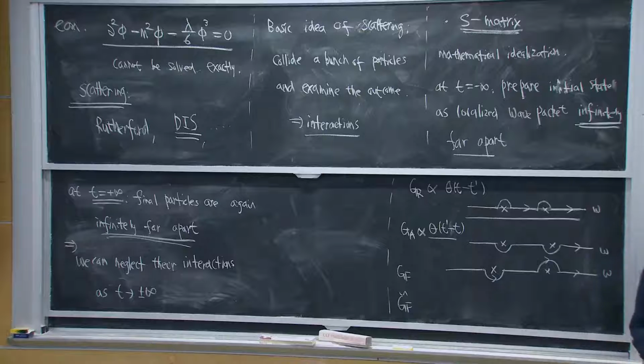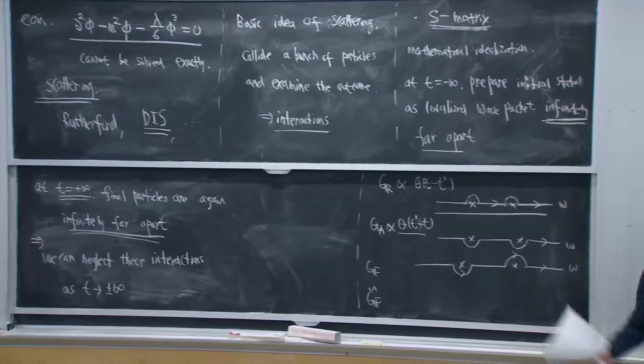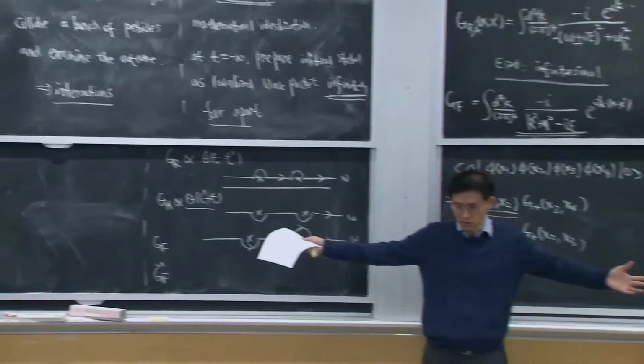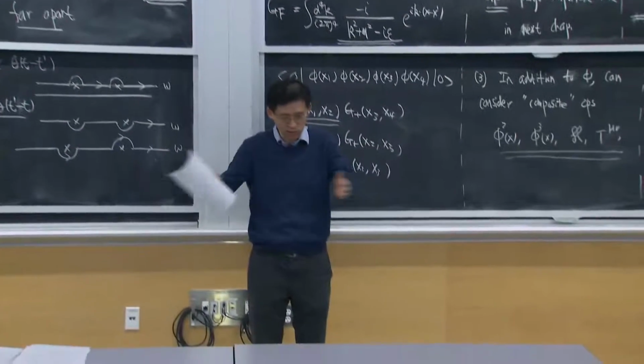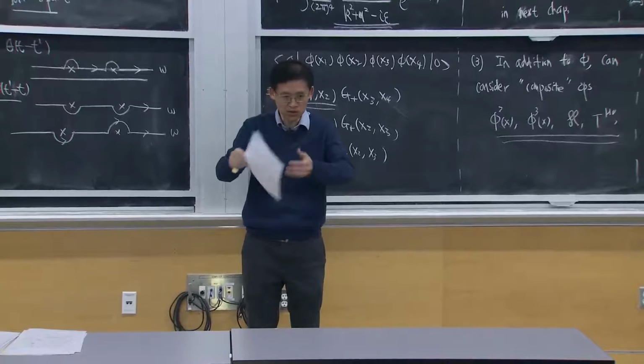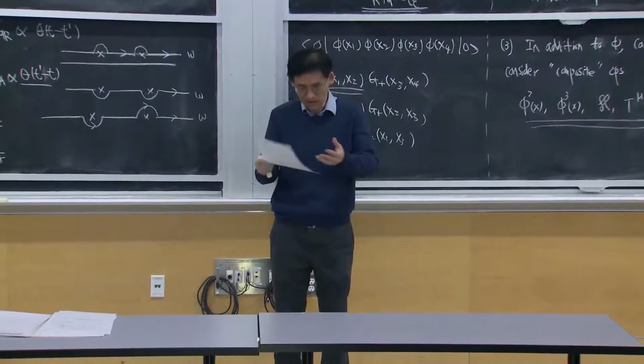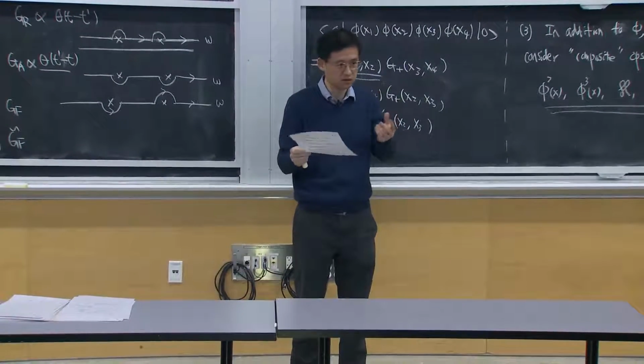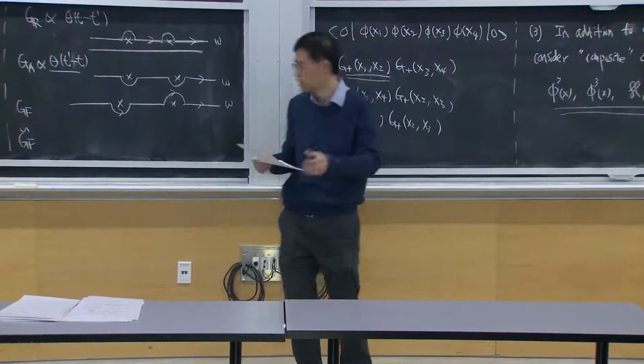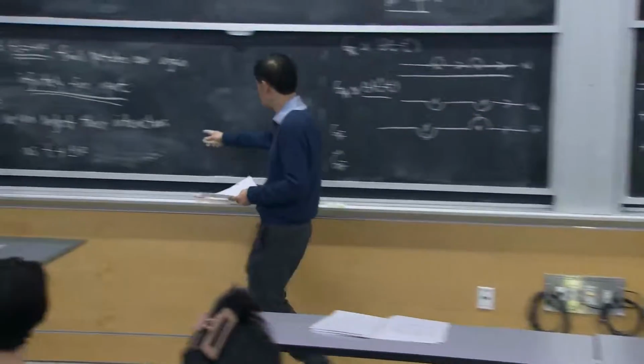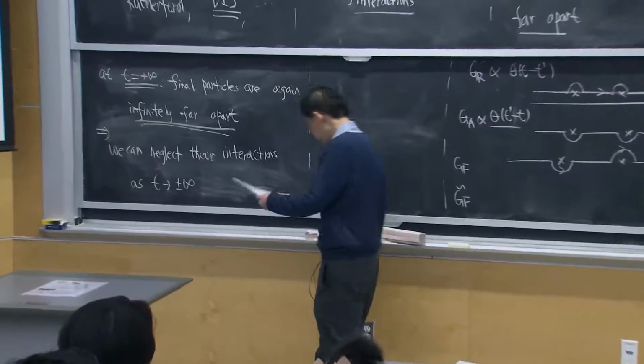At t equal to plus minus infinity, they are very far away, and you can neglect the interactions. This is important, because then we can identify each particle. When they are together, they are all interacting with each other, and it's not easy to cleanly identify each particle and discuss their properties. So now we can neglect the interactions.